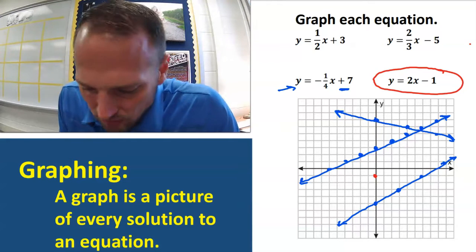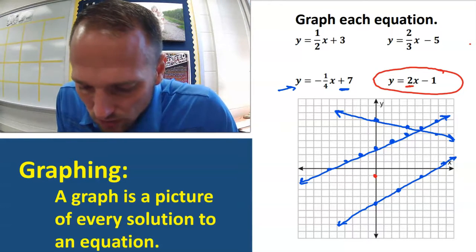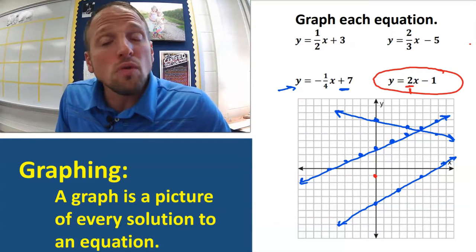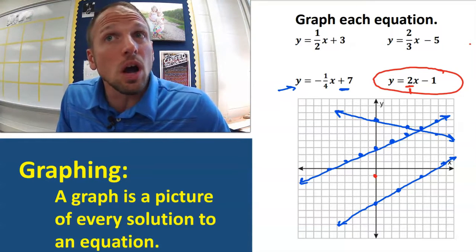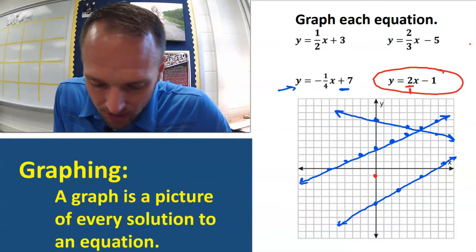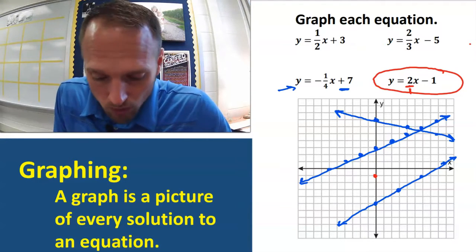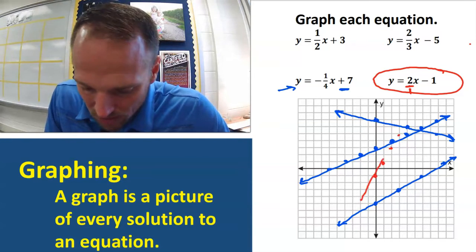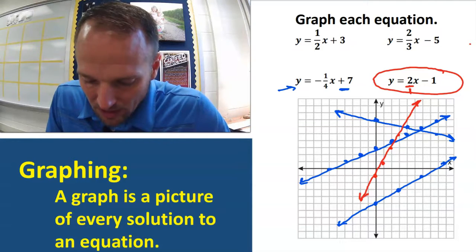Let's think about it as a fraction. If I change 2 into a fraction, it would just be 2 over 1. So 2 over 1 as a fraction means I'm going to go up 2 over 1. So I've got my y-intercept at -1, and then my slope is 2 over 1, so I go up 2 over 1, up 2 over 1, up 2 over 1, and that's my line.